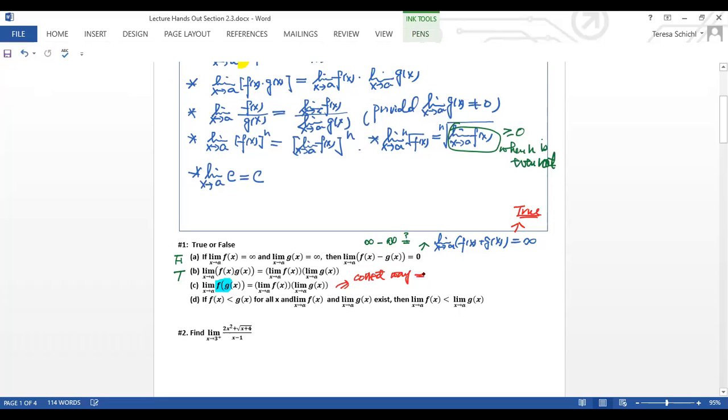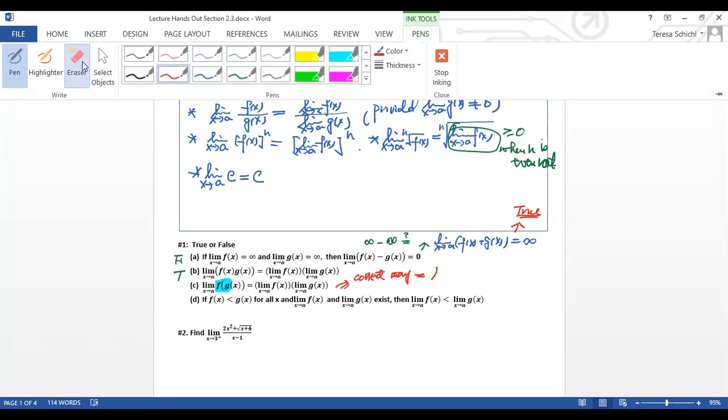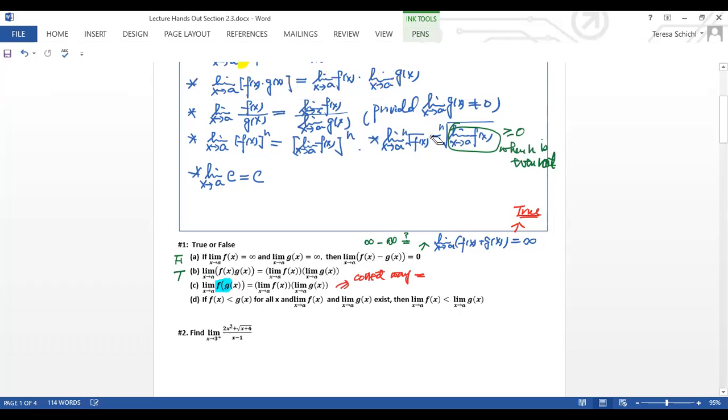The correct way to write it will be f of the limit as x approaches a of g of x. All right, so this is false here. Be very careful, because this is a composed function. You cannot separate it as if it were a product of two functions.